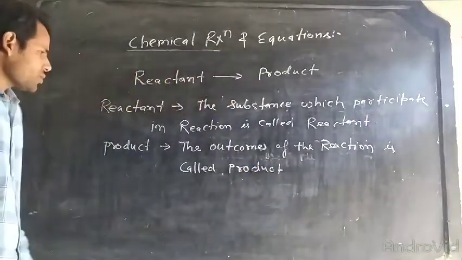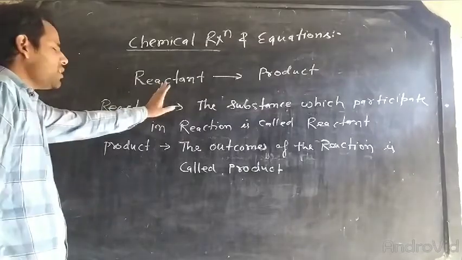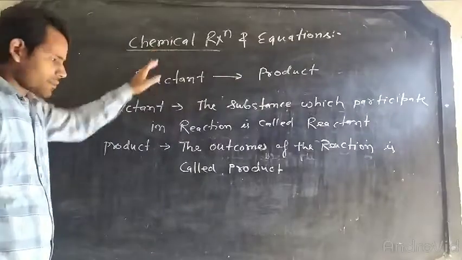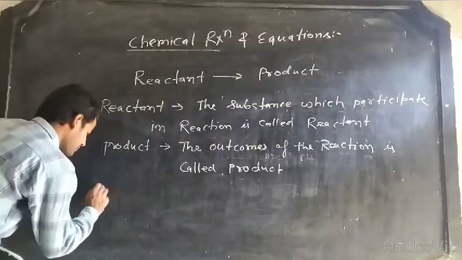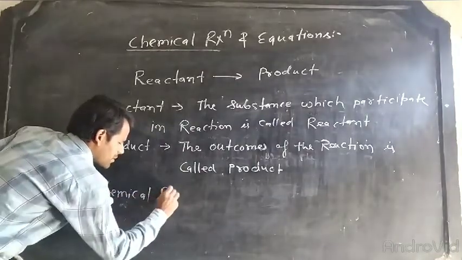So this is what a reactant is and what a product is, and these two things are very important for a chemical reaction. And what is a chemical reaction?